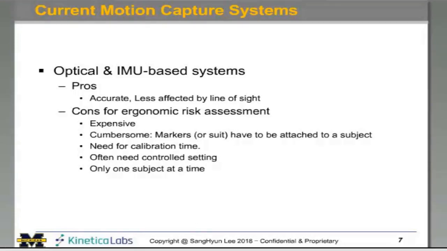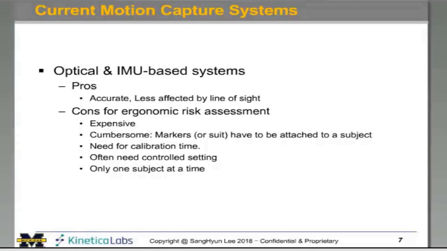First of all, the price dropped recently, but still it is expensive. And more of a problem is it's a little bit cumbersome to be applied to the field. Basically, you have to put markers or sensors on each body part, each body joint, or certain ones have to be worn. So it is not convenient to use in the field.